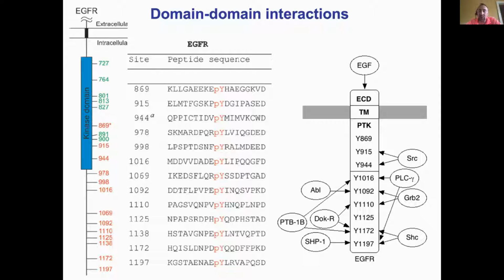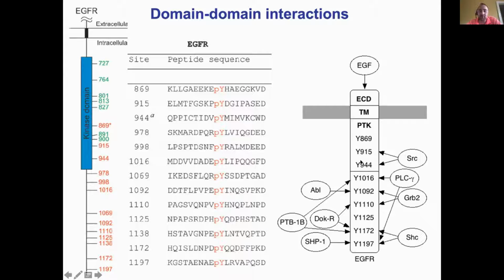But if someone is interested in, say, SH2 profiling of EGFR, or in clustering of EGFR on the membrane that can be enabled by multiple proteins, then you really would like to consider multiple domains that can serve as binding sites. And there are 9 such domains in EGFR, and multiple adapter proteins that can bind to it.